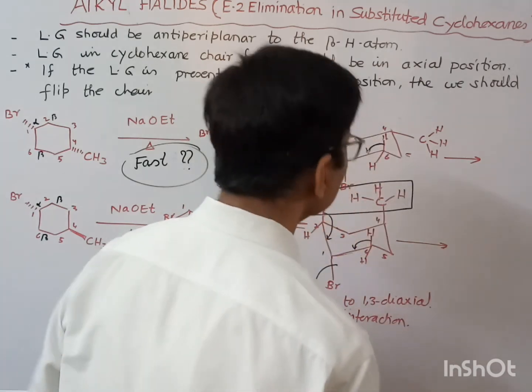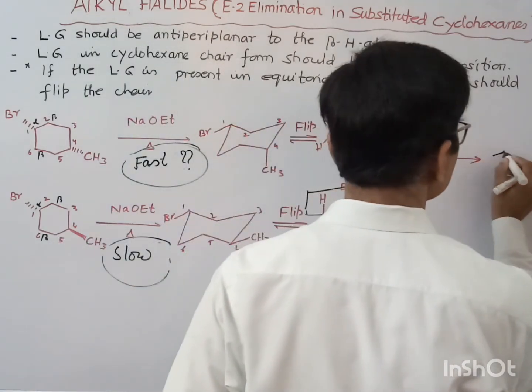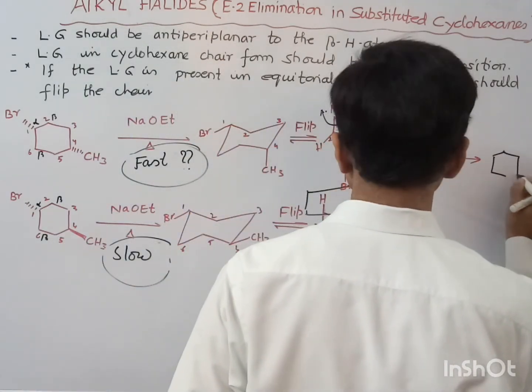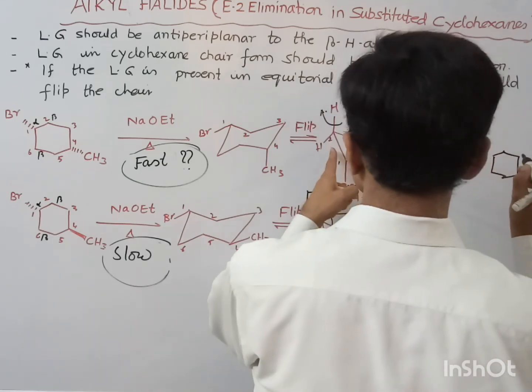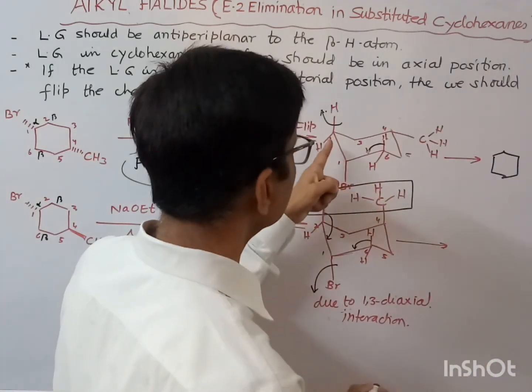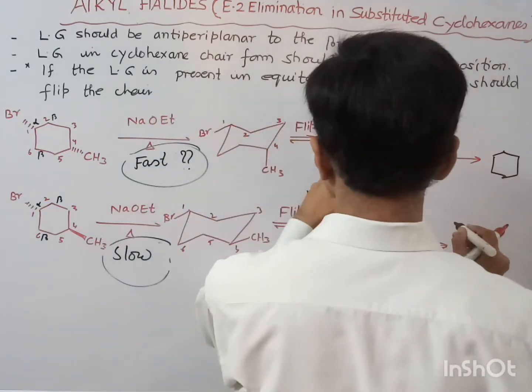So the main product that you will get, the hydrogen which is removed, either hydrogen can be removed from here, this one or this one, both products would be formed.